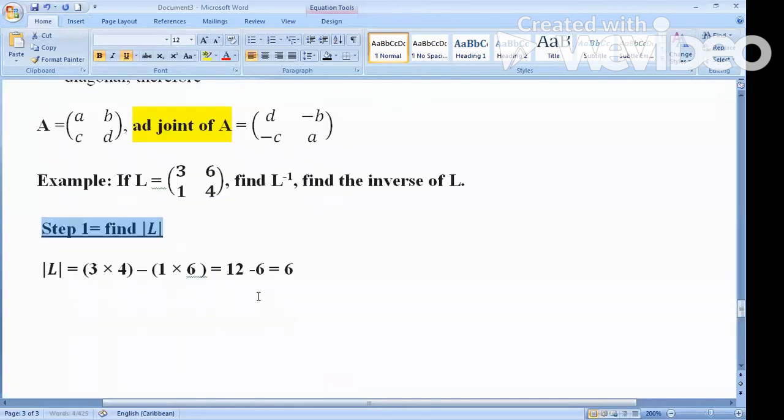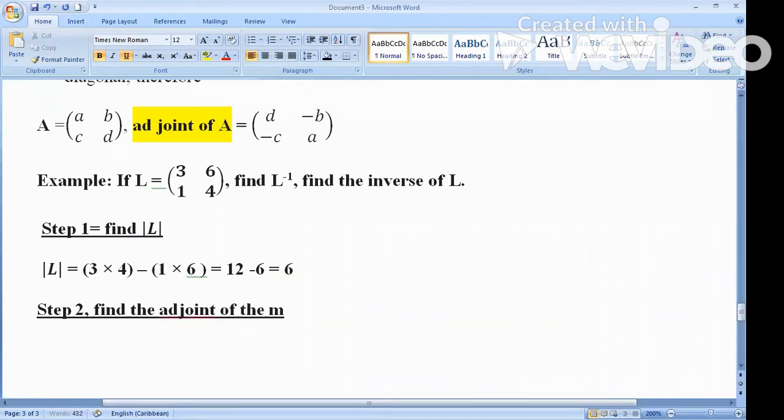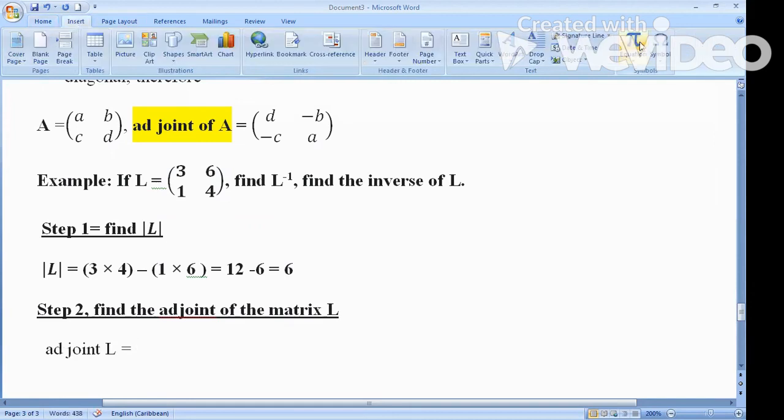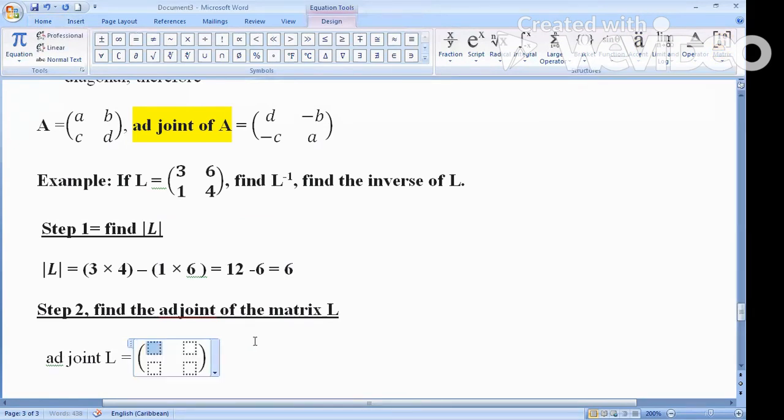Find the determinant of L. Step 2, we need to find the adjoint of the matrix L. So the adjoint of L. Well, this is the original matrix.